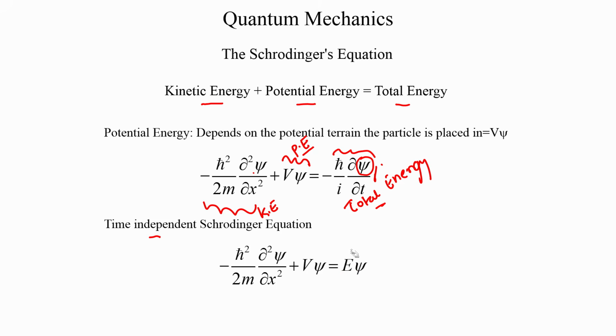Okay. So, we lose the time derivative and we write Schrodinger's equation as the kinetic energy plus the potential energy is equal to the total energy. And from this point on, we will try to use the Schrodinger's equation to describe some simple models which will help us understand the nature of the wave particle and different potential profiles better.